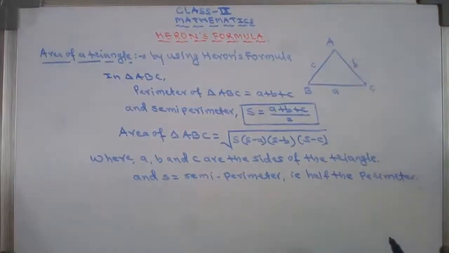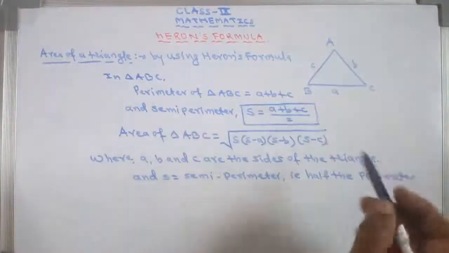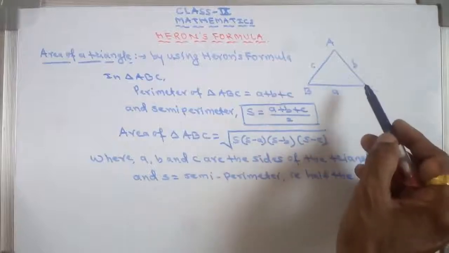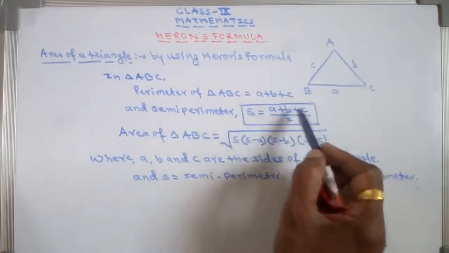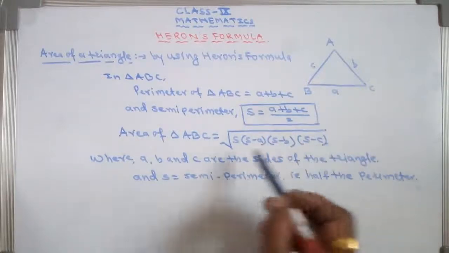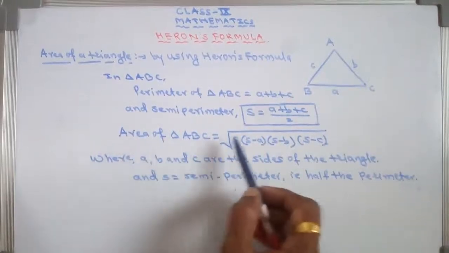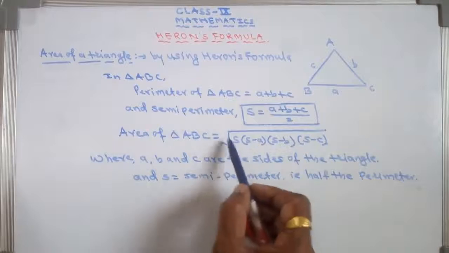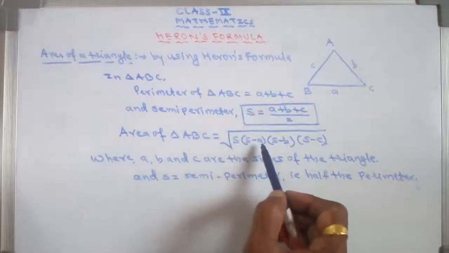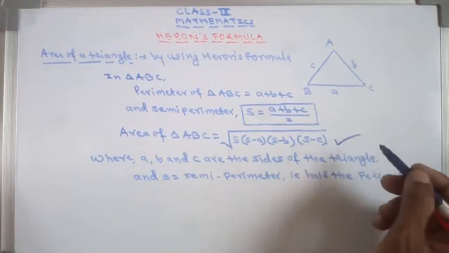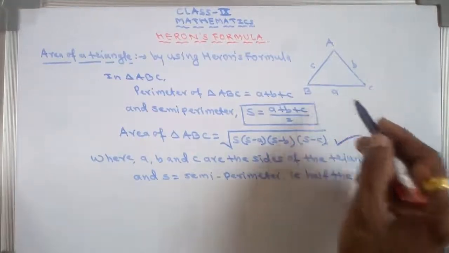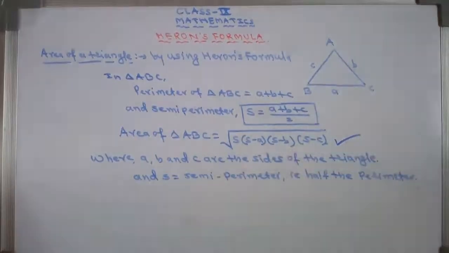So now what you have to do, if triangle ABC is given and all three sides are given, first of all you find out s. What is s? Half perimeter, and then directly you can apply this formula. Area of that triangle is equal to under root s into (s minus a) into (s minus b) into (s minus c). This formula will give us the area of this triangle.